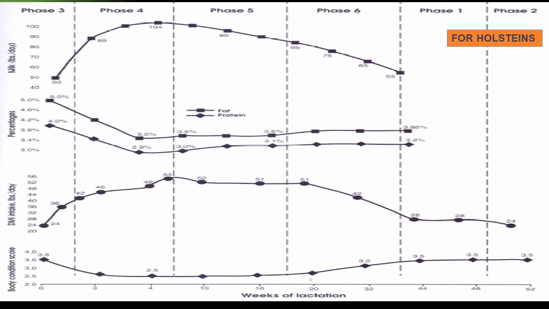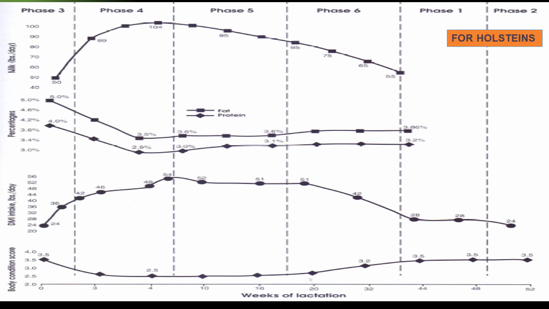So if you look at the topmost curve, the milk production sharply increases after parturition and reaches peak lactation between 40 to 70 days, and then steadily declines until the cow is dried off.